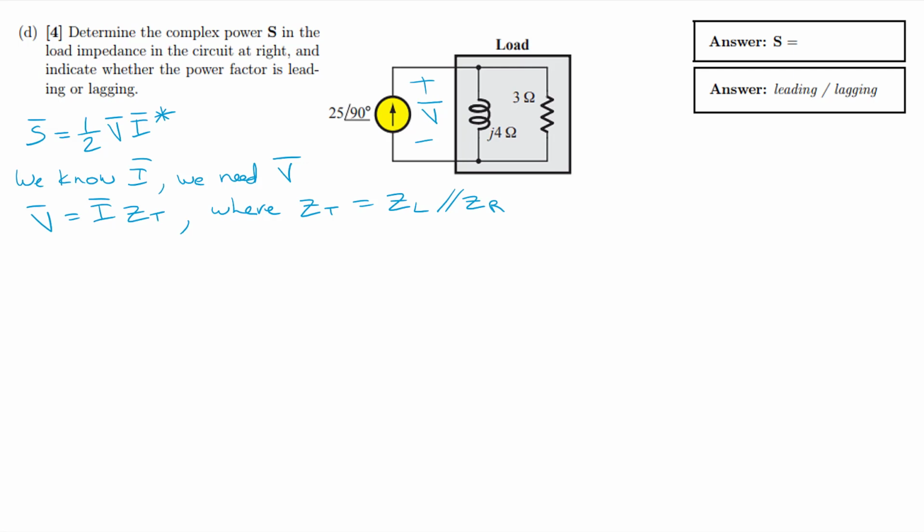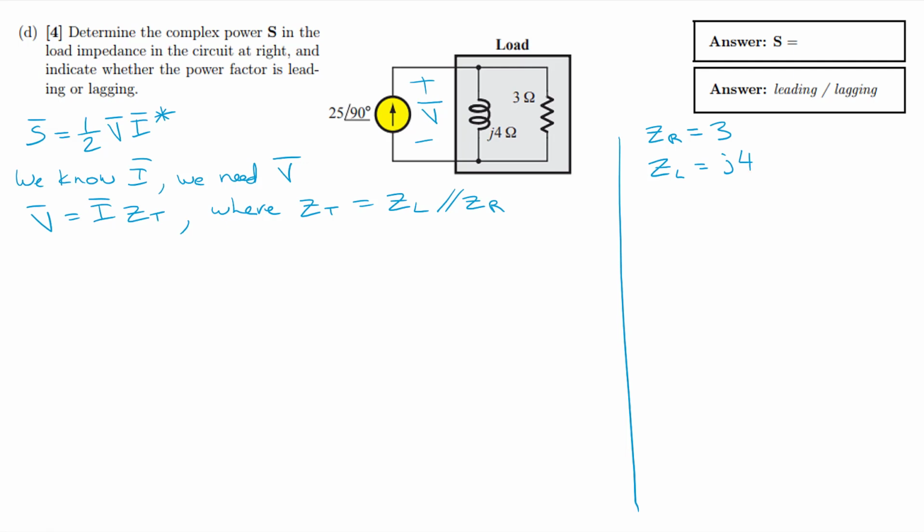Let's make a little space here. What's ZR? ZR is given to us as 3 ohms. It's a real quantity and it's 3. What about ZL? ZL is also given to us as j4.